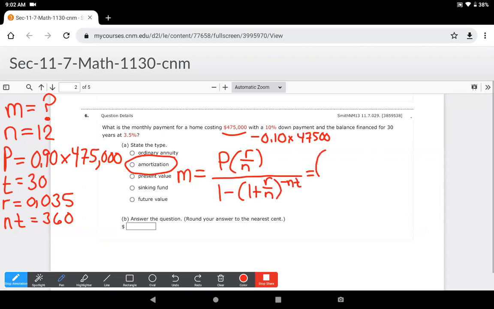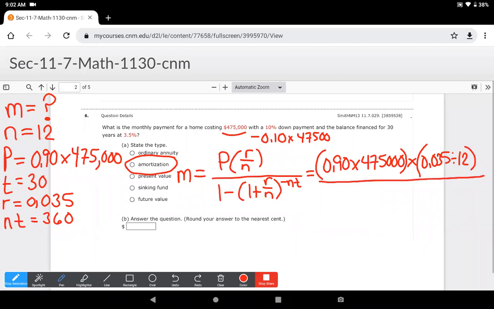So I literally stuck the 0.90 times 475,000 in and multiplied times the R divided by N as the numerator, and then I divide by 1 minus 1 plus rate, divide by n, raised to the negative 360, rate negative 360.